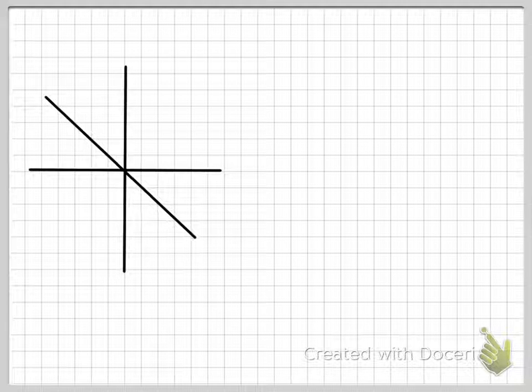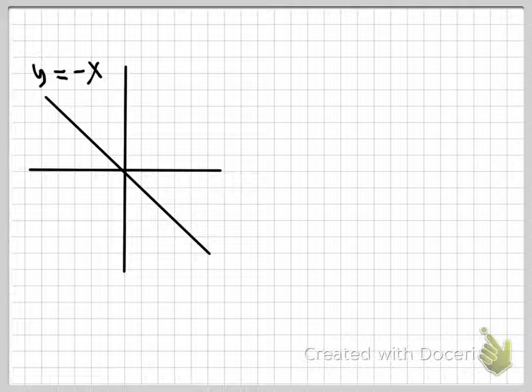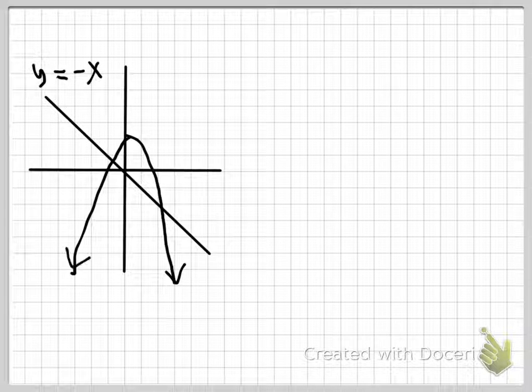We're going to put a graph up here that's going to have a y-axis. It's going to have an x-axis. It's going to include the line y equals negative x, and also a parabola, something like that.